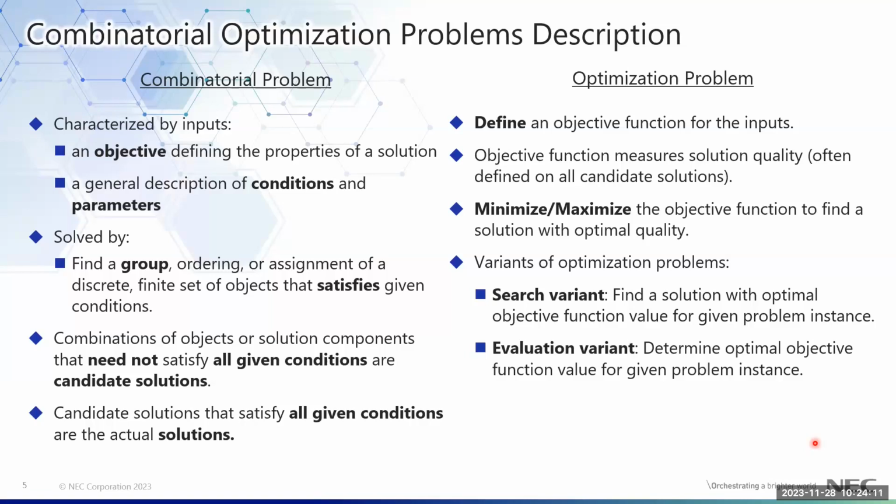So you can understand that a combinatorial problem is characterized by its inputs, which is an objective. For example, I have to go from point A to point B, and I want to do it with minimum cost. That is my objective: that I can traverse from A to B, and the cost should be the least.